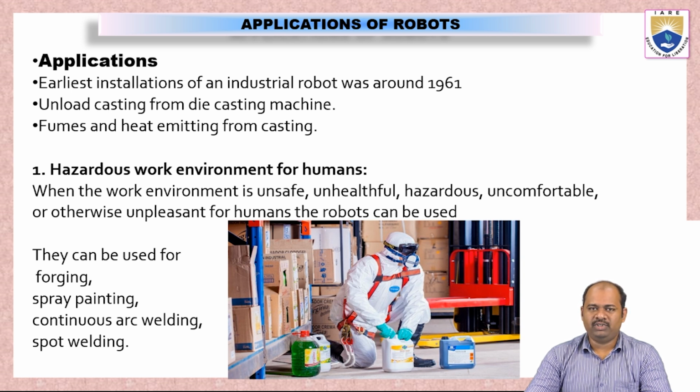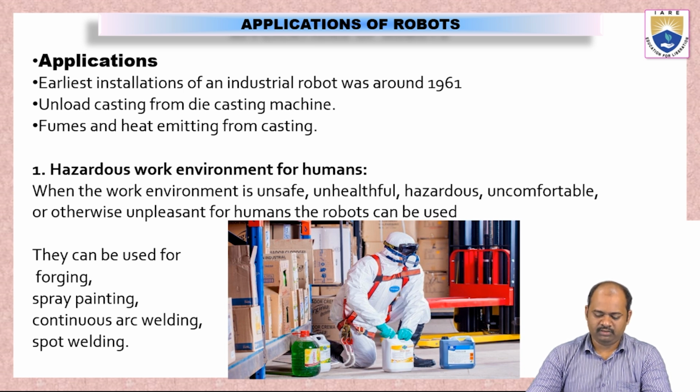These robots are used for unloading the castings from the die casting machine. The heat and fumes from the casting are very dangerous for human beings. That is why robots can work in this place safely. Only the thing is, the robot should be able to handle the high temperature that is coming out of this casting process. And then let us see some applications of robots where they can be easily used.